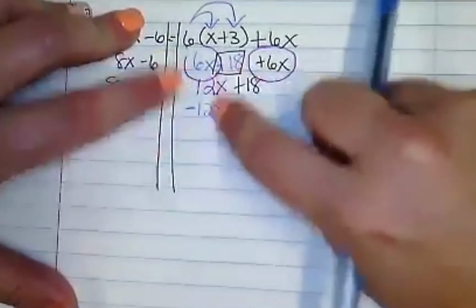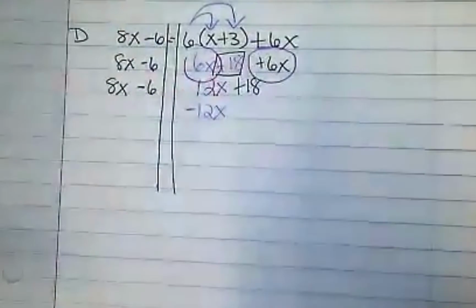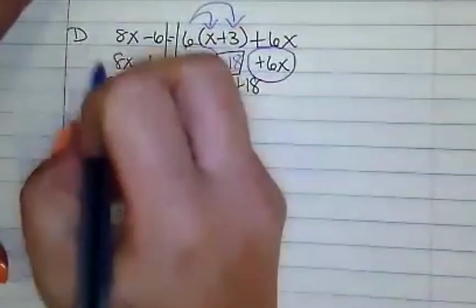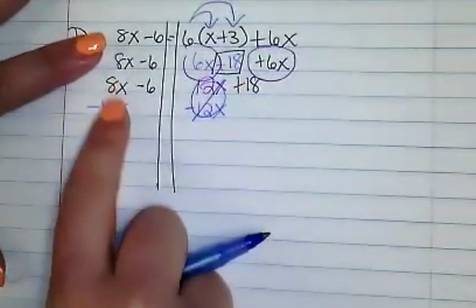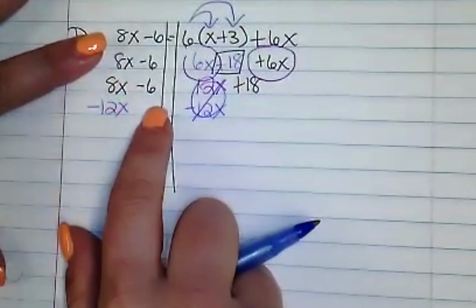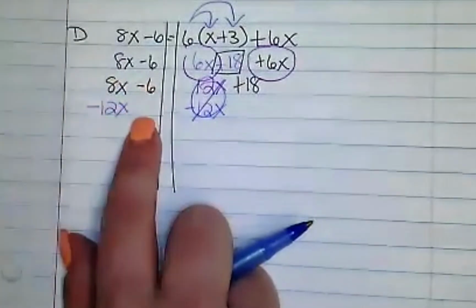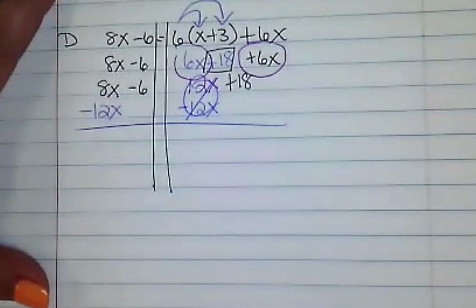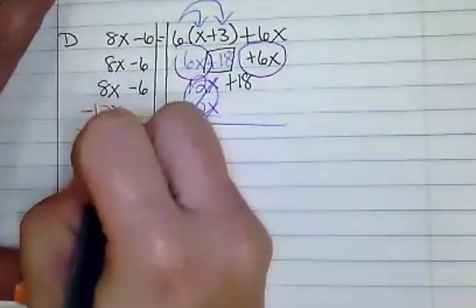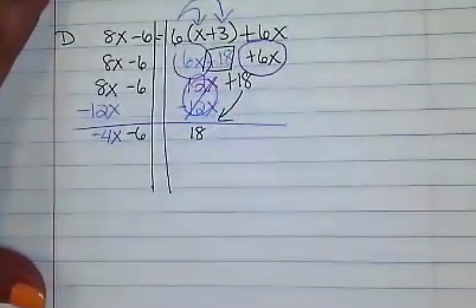Therefore, you can't just subtract off the 12. Whatever you do to one side, you must do to the other, and you must do it to its like term, which means I can't do minus 12x with the 6, because those don't match. 8x minus 12x would give you -4x.